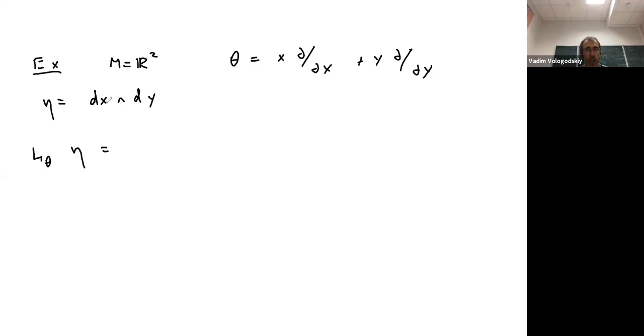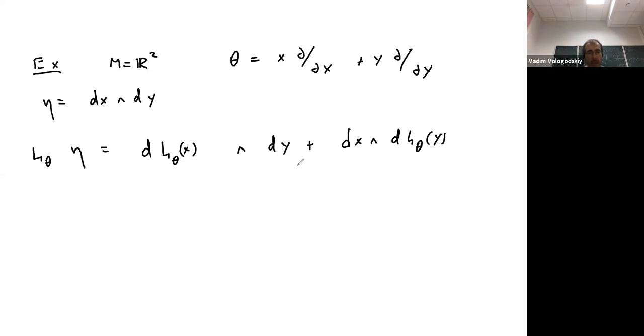So first we differentiate x with respect to this vector field, and what you'll get is x. So I will write it as follows. It's d of L_theta of x, right? Wedge dy plus dx wedge d of L_theta of y.